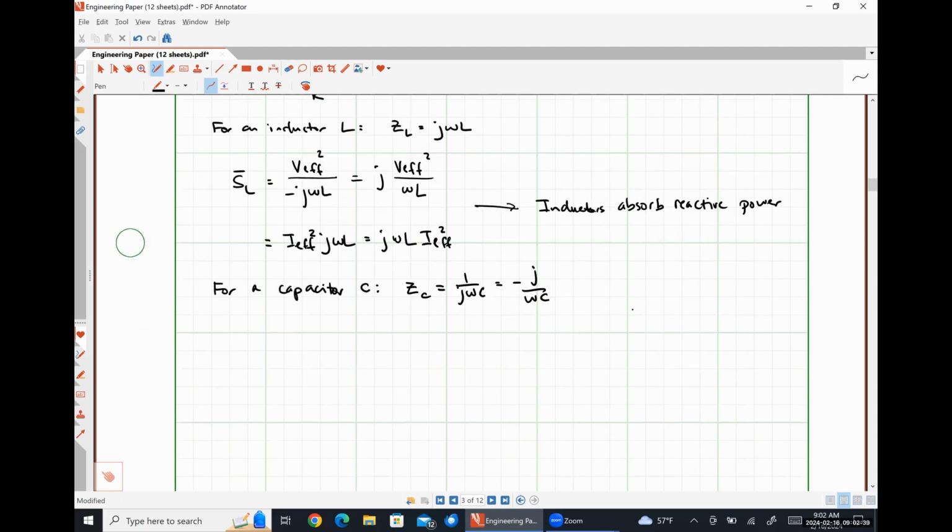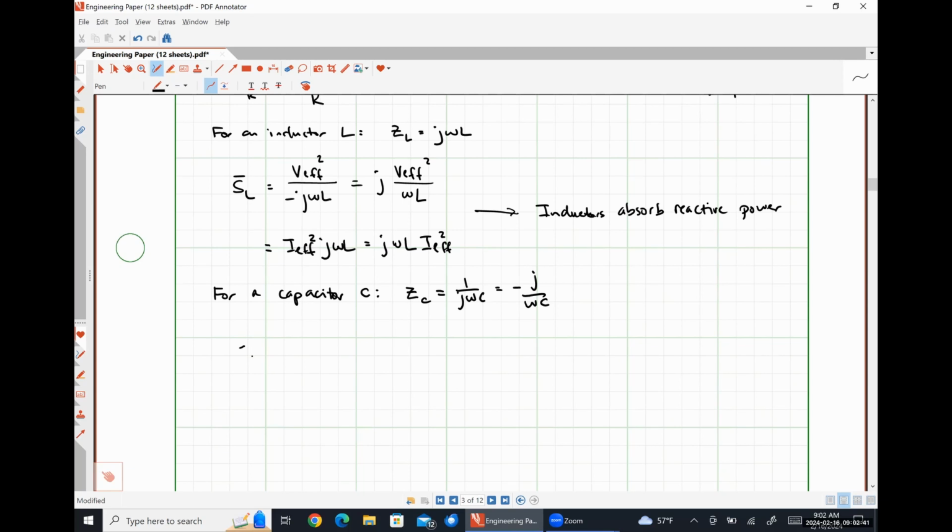So for a capacitor, in terms of the voltage, we are going to have V effective squared.